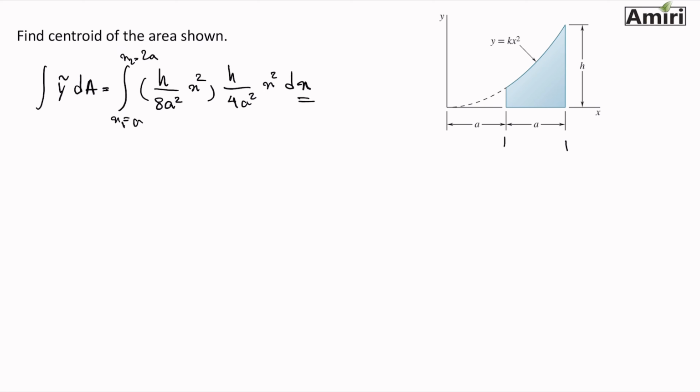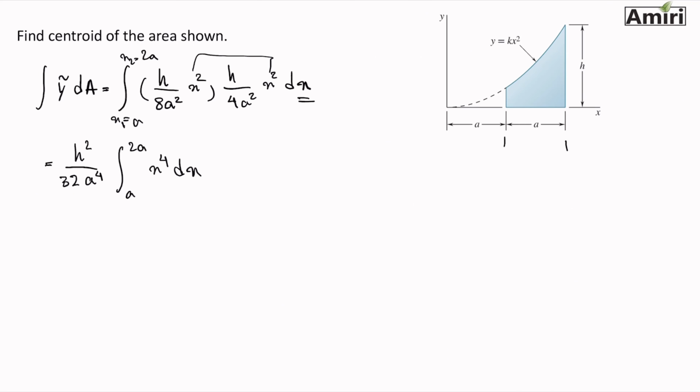If you do the integration, you will get h squared over 32a to the fourth, and these are numbers, they can all come out, integral from a to 2a, and then all I have left is these two, x to the fourth dx.